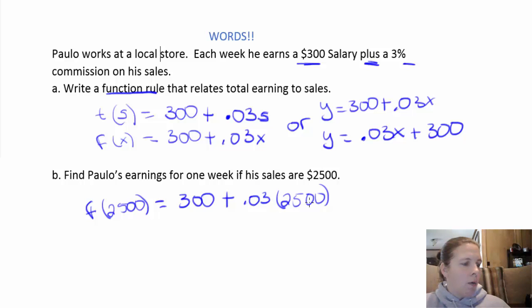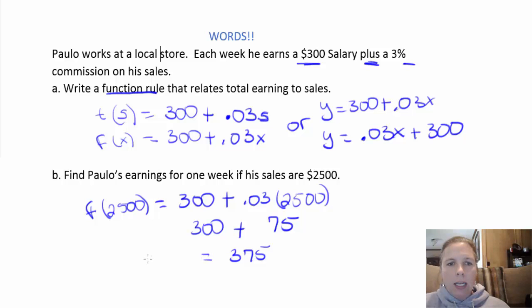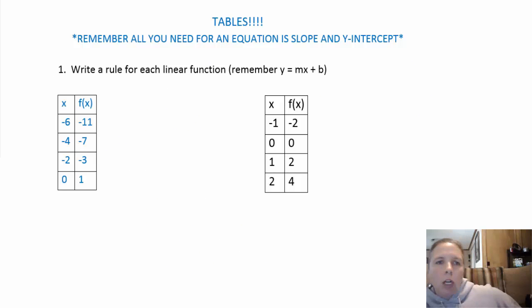Okay, so I haven't done this yet, so 0.03 times 2,500 is 75, plus 300. So $375 is what he earned if he sold $2,500 worth of stuff. His commission and his salary together would be $375. So that's one way to do it from words.